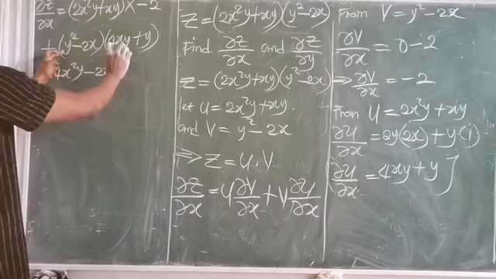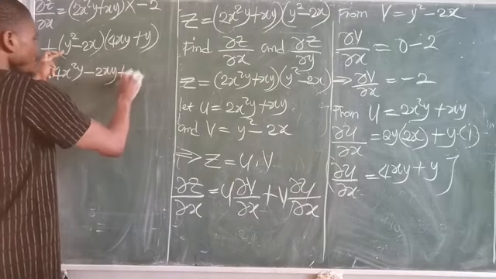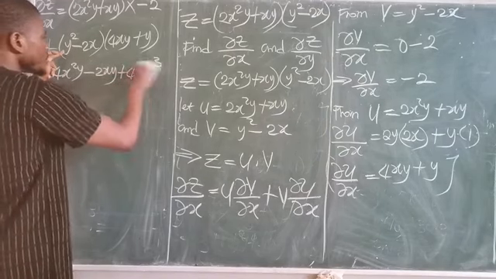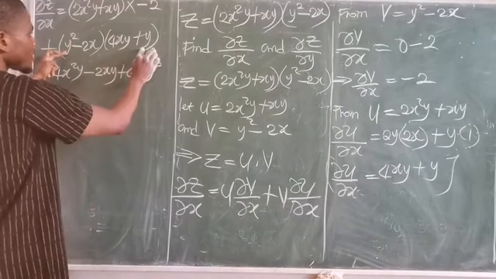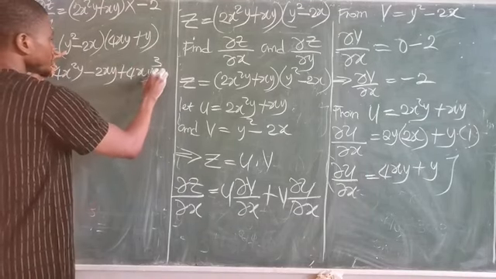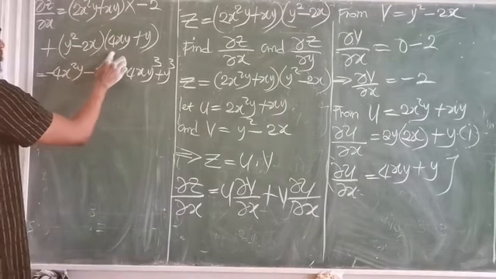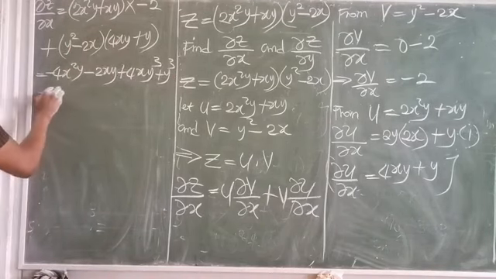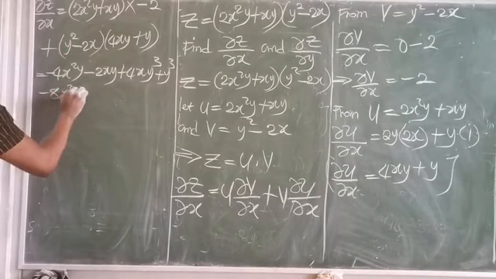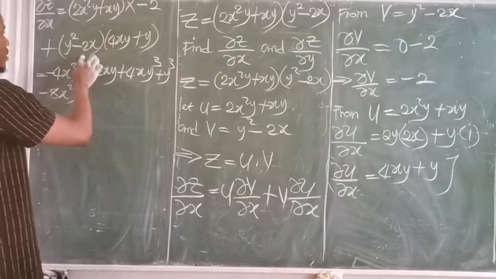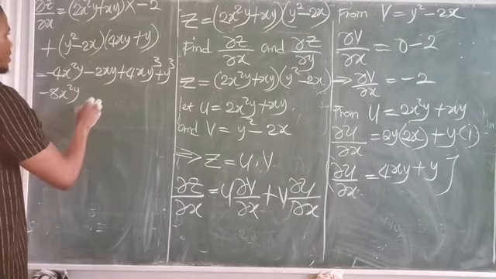So y squared multiplied by 4xy gives me plus 4xy cubed. y squared multiplied by y gives me plus y cubed. Minus 2x multiplied by 4xy gives me minus 8x squared y. Minus 2 multiplied by y gives me plus 2xy.